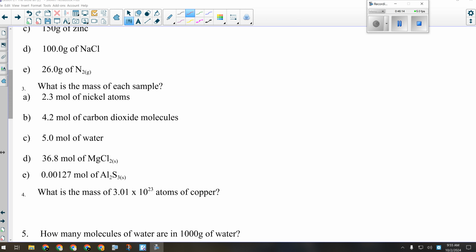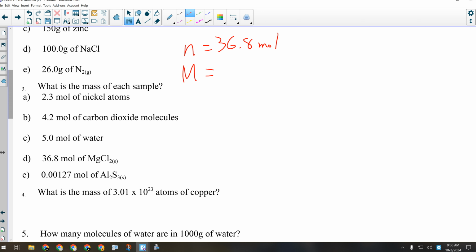All right, so on D here, guys, we have 36.8 moles of magnesium chloride. So we know n, 36.8 moles. Okay, and we know that it's magnesium chloride, MgCl2. So that's going to be 24.31 plus 35.45 times 2.